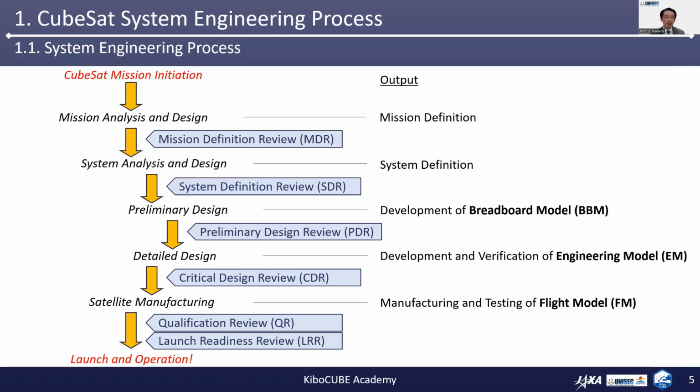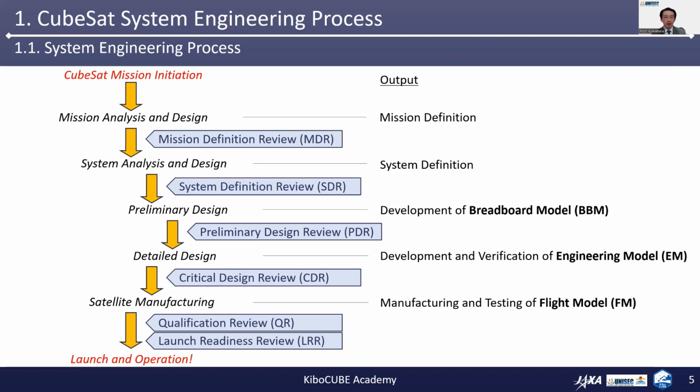After that, the manufacturing of the flight model of the CubeSat will be finalized, and the manufactured flight model is then qualified through flight model testing. The output of this activity is the satellite flight model, or FM, and the results are reviewed in a qualification review and launch readiness review, etc. The definition of these reviews is dependent on the specific satellite project.